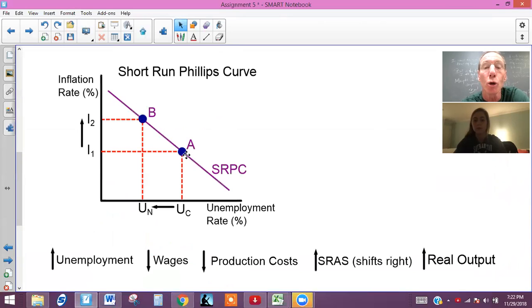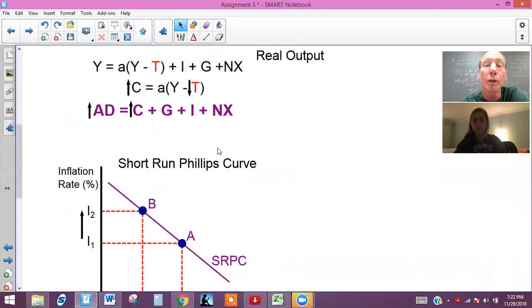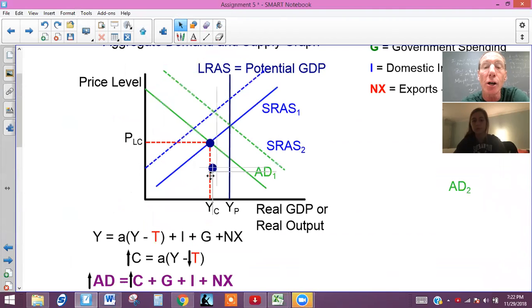Because when we go on the Phillips curve from point A to point B, we get less unemployment, so that means more employment. And when we go from here to here, we get higher price levels and higher output, which means more employment.